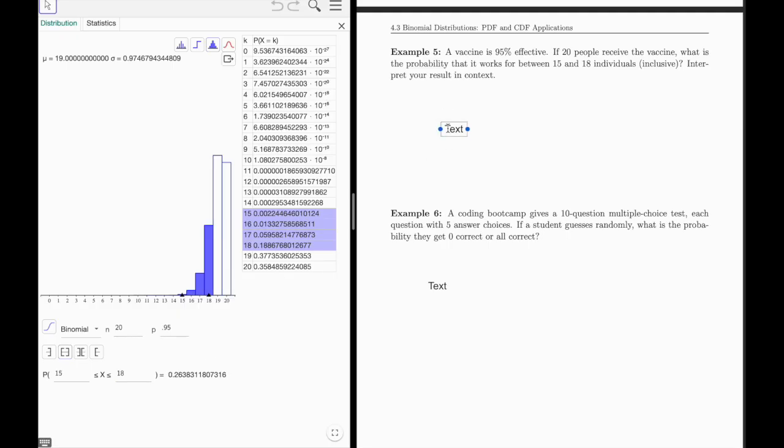So I'm going to put that in here, the probability that 15 is less than or equal to X, which is less than or equal to 18, and that's going to be the probability of 0.2638.